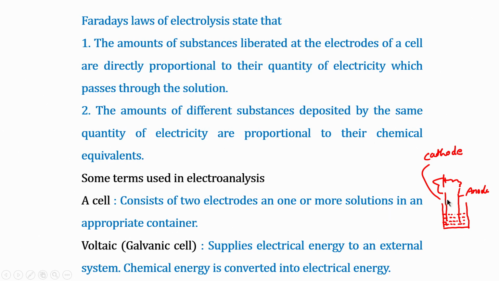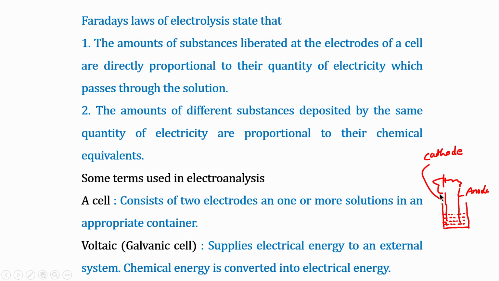That means this cell will generate current and put it in the battery. The current will be generated by a chemical reaction going on in this beaker, and then it will come here.